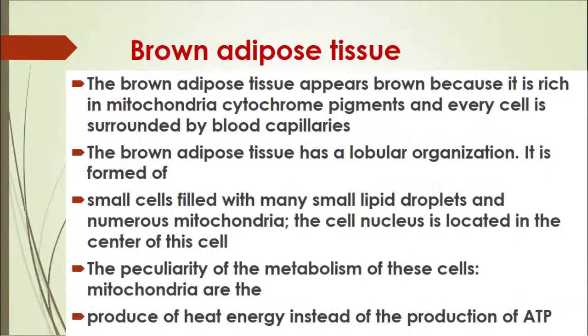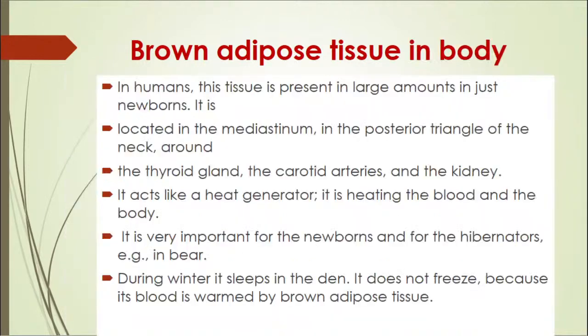And brown adipose tissue, we have talked about only for newborns, and sometimes in small areas, providing higher production of ATP. It is located in the posterior triangle of the neck, around the thyroid glands, carotid arteries, and some other places.